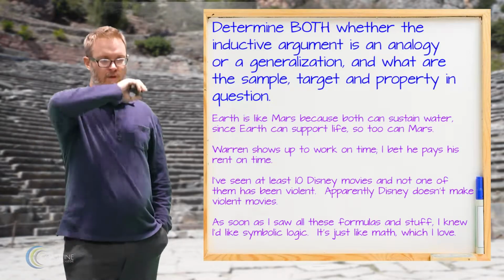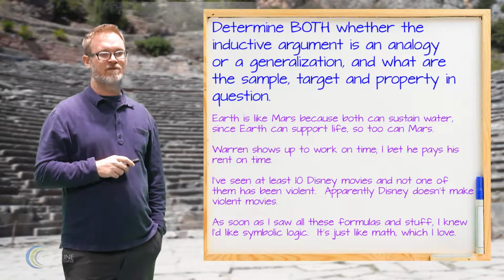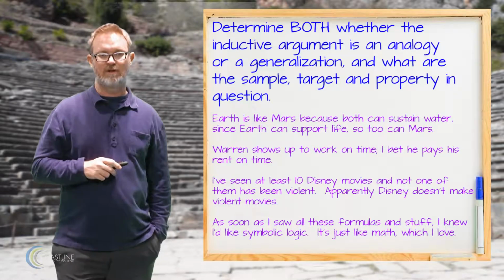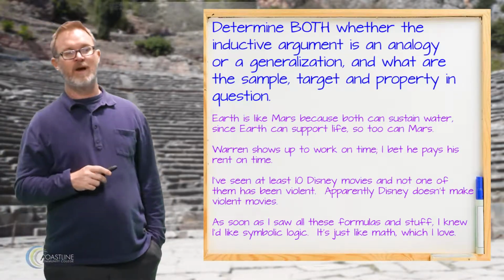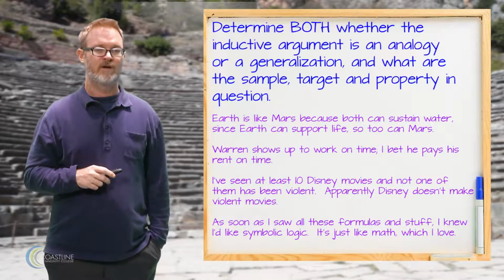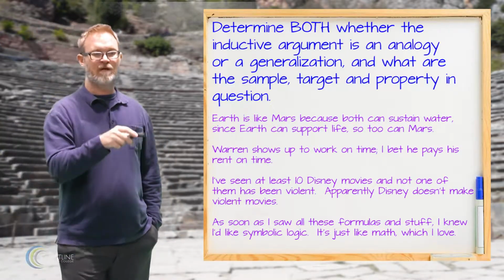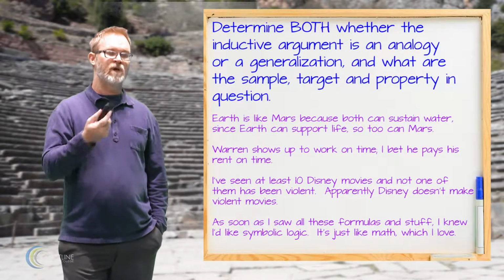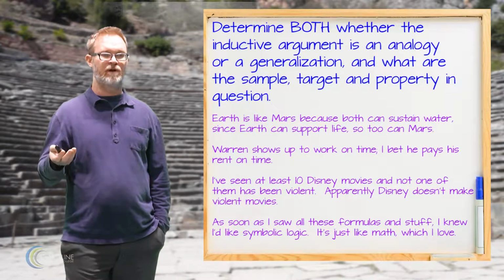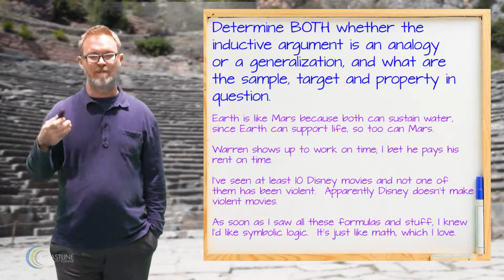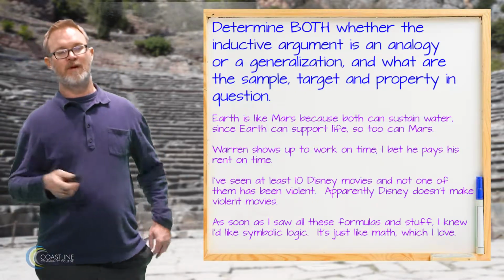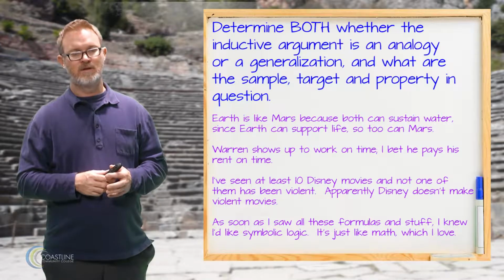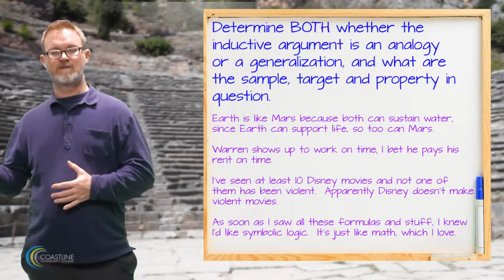Okay, the next example, it says, as soon as I saw all these formulas and stuff, I knew I'd like symbolic logic. It's just like math, which I love. Okay, this one seems to be making a comparison between symbolic logic and math. And so we have an analogy. Our sample is math, our target is symbolic logic.